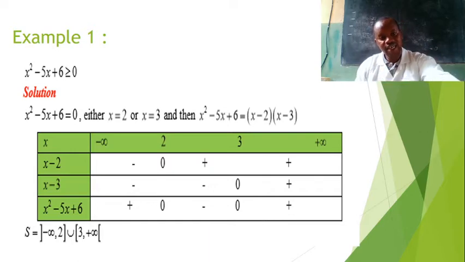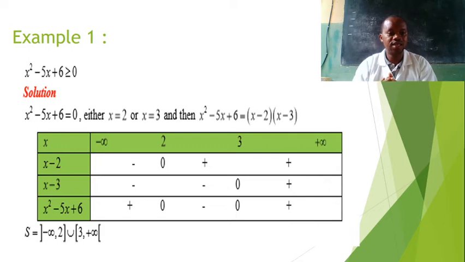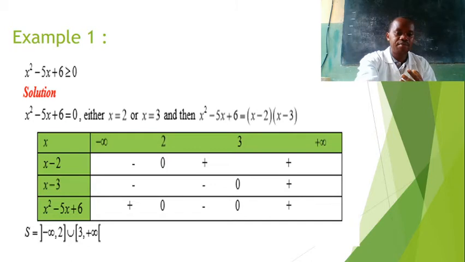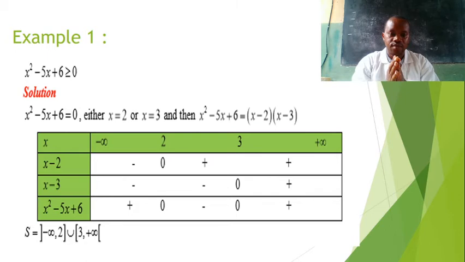We take negative for x minus 2 times negative for x minus 3, since we are in the interval from minus infinity up to 2. Minus times minus gives positive. From 2 up to 3, we will have the product of positive for x minus 2 and negative for x minus 3.